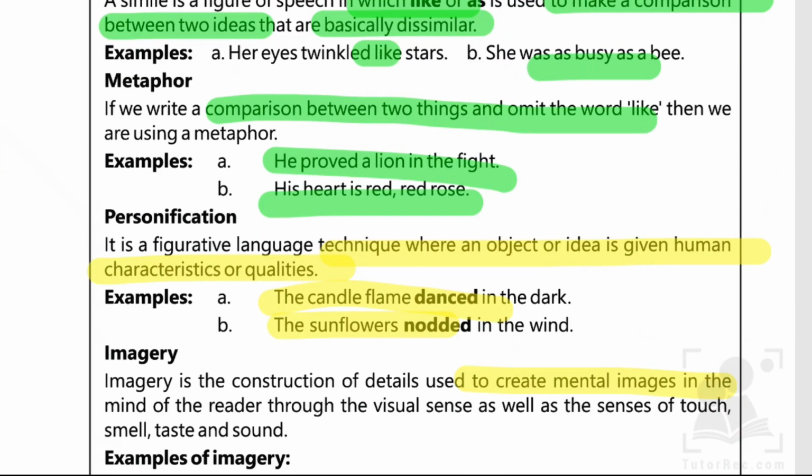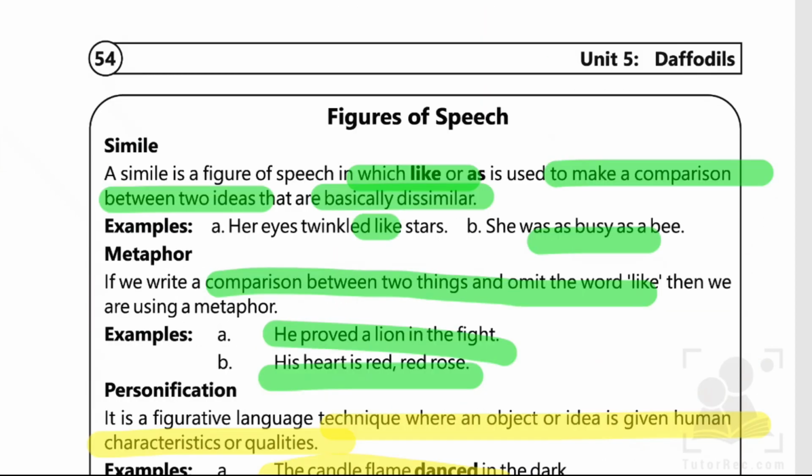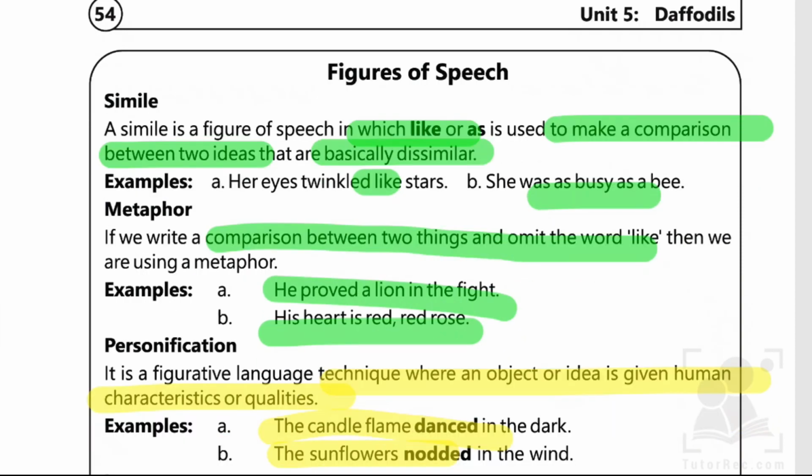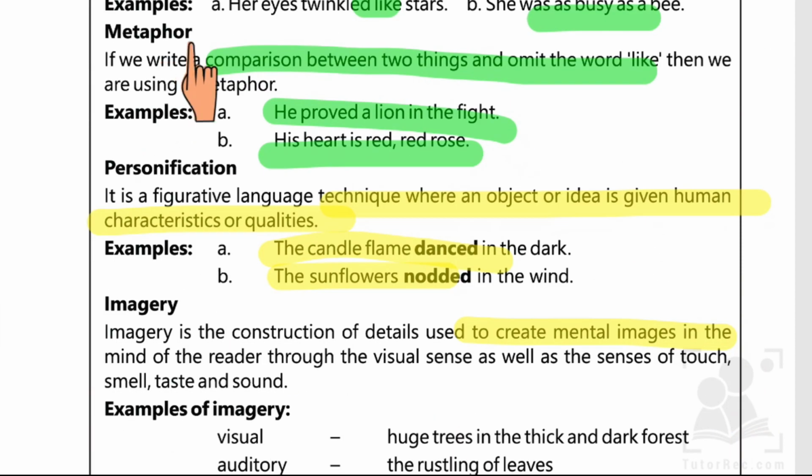So we have just learned about figures of speech, that they are used to figure out the specific meaning in the sentence. We learned about simile, that it is a comparison between two dissimilar things using the word like or as. Then we learned about metaphor. It is just like simile, but we do not use the word like or as. However, it is again a comparison between two dissimilar things.